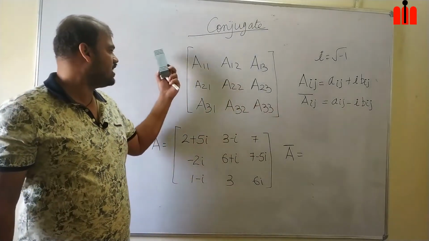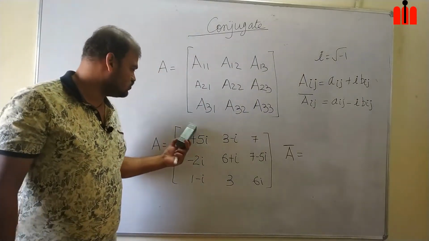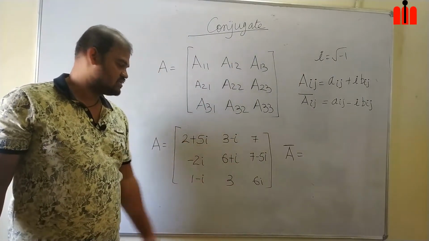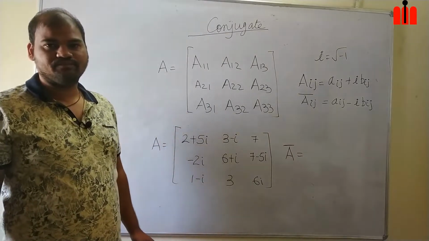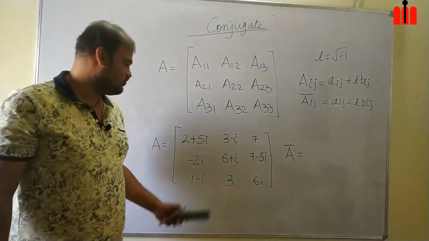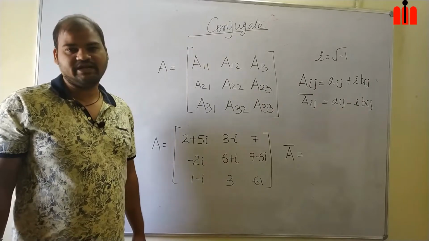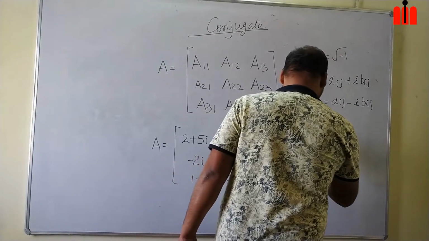The bar is on each element. Once you take the bar of all these elements, use the same technique of converting plus to minus, and you will get the conjugate of the matrix. That's it.